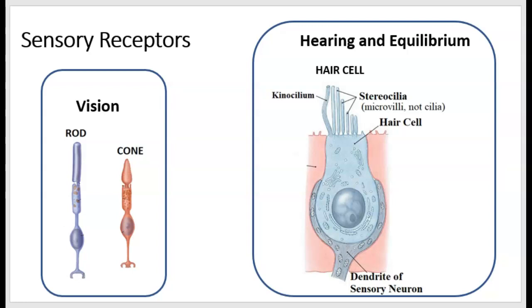It's the sensory neuron that will transmit a signal to our brain so that we can perceive and recognize sound. There are similar hair cells for detecting balance, equilibrium, head position, and they function very similarly and will also be connected to a neuron that transmits a signal to our brain.